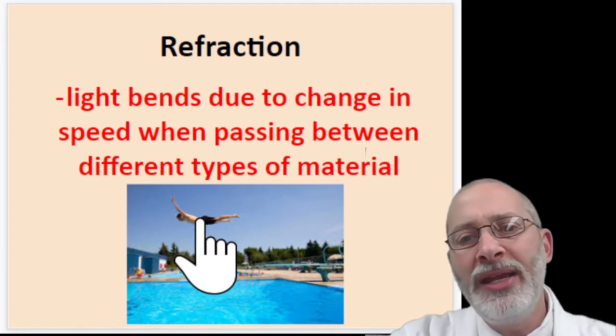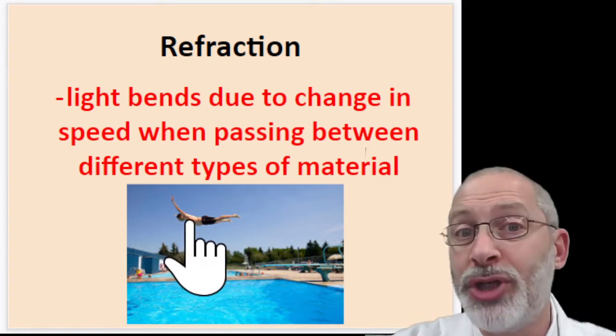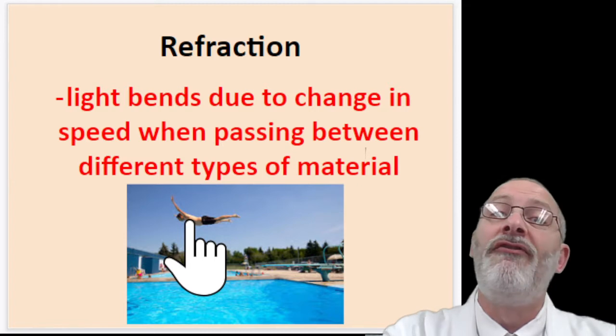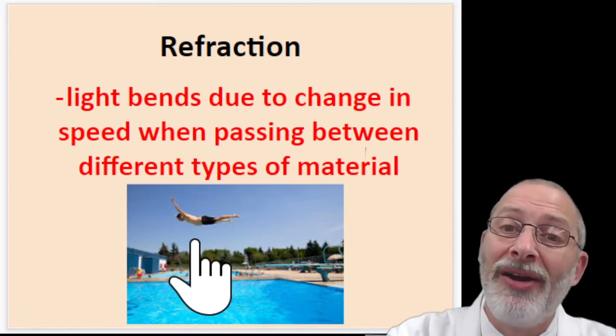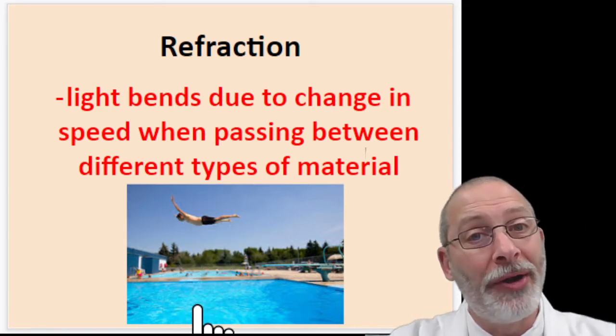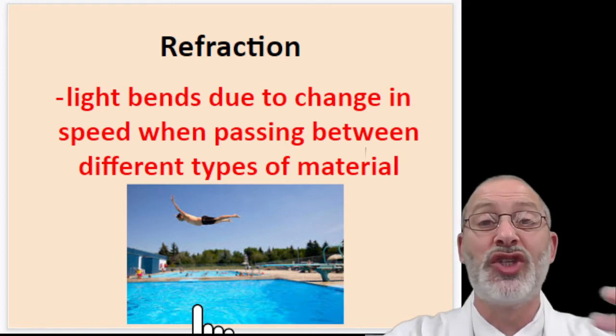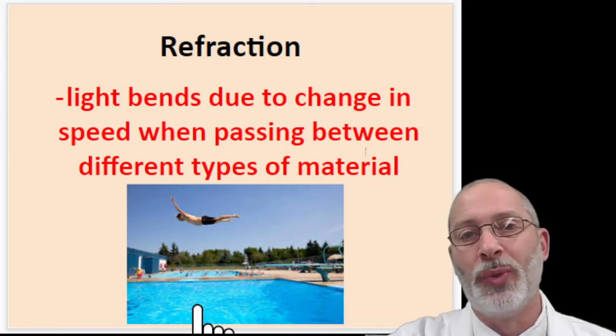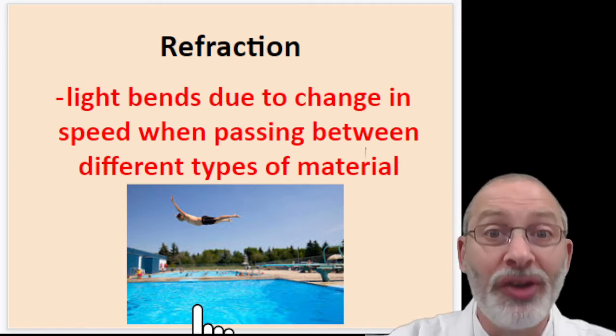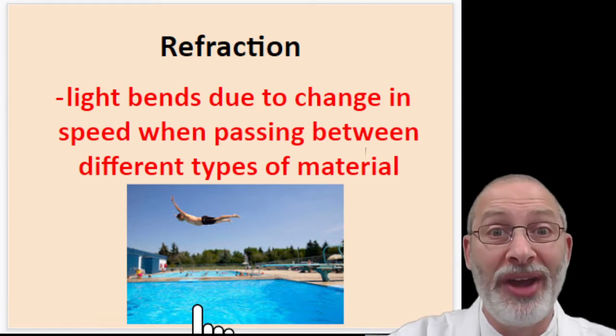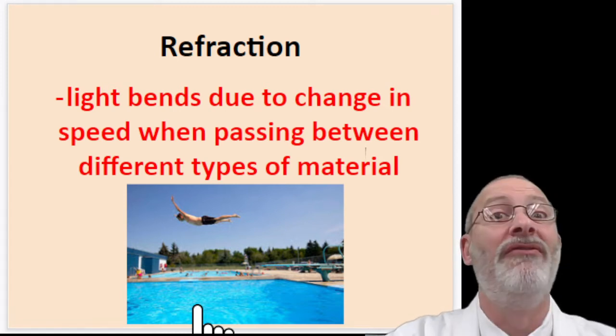And so when an individual or an object of any kind falls through air and then hits the water, what happens to the speed of that individual? They're going to slow down very quickly. Very quickly.